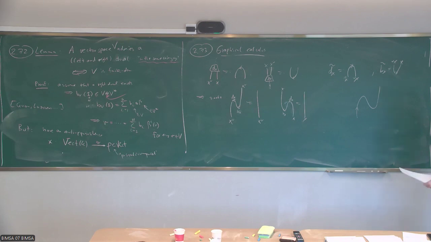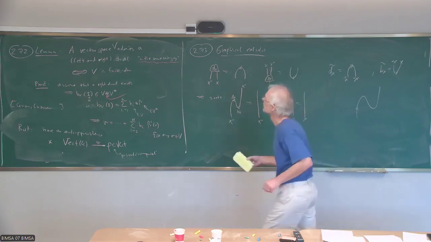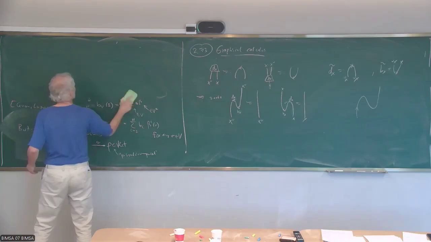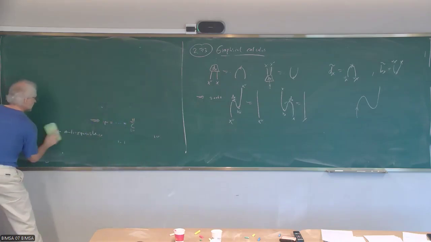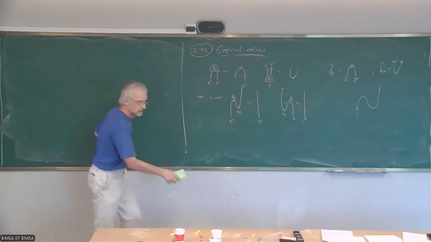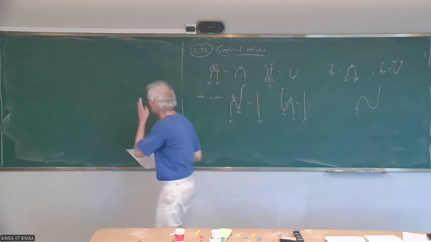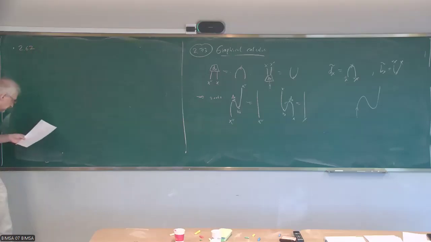And then how can you use this? Well, just the two lemmas that we had. There was a lemma 267, which was about uniqueness.